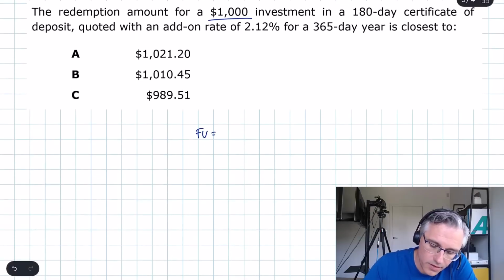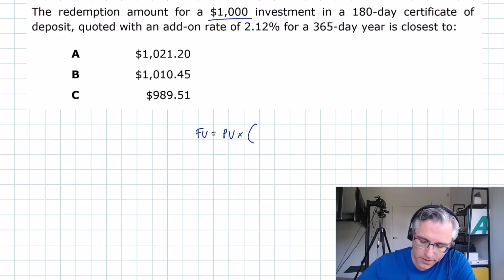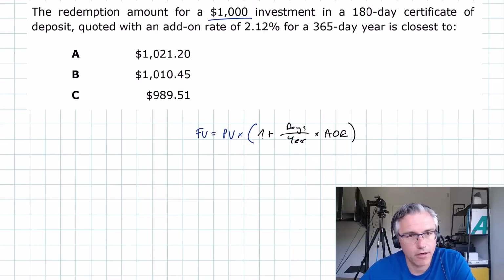FV simply equals PV times, and I think this makes perfect sense to most people, 1 plus days divided by year times the add-on rate. Okay, you could go back and check that this is absolutely the same.